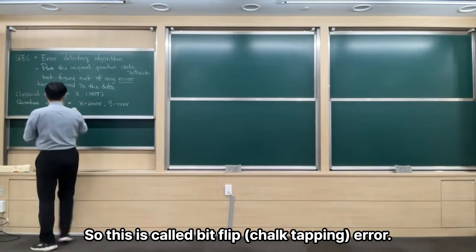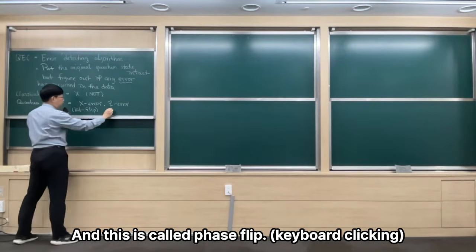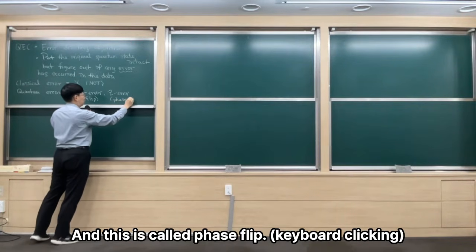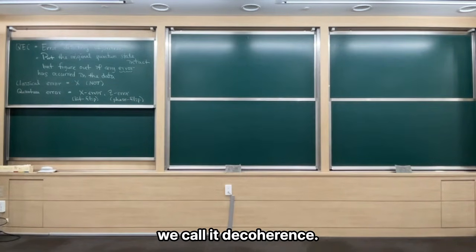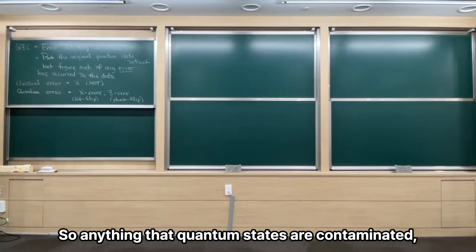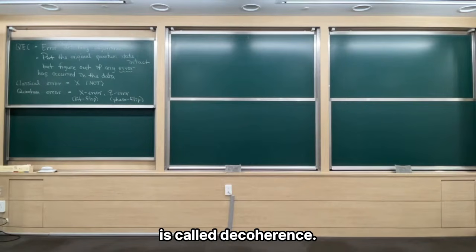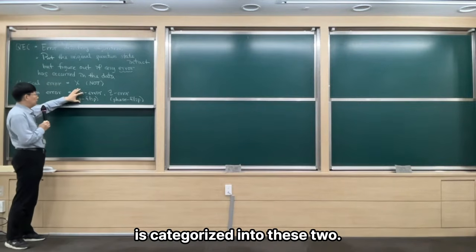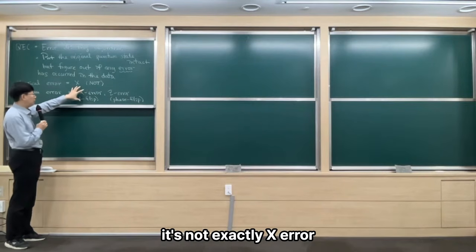This is called bit flip error, and this is called phase flip. More generally, we call it decoherence. Anything that contaminates the quantum state, meaning it changes its state, is called decoherence. I'm not saying that every decoherence is categorized into these two. These two are the most extreme cases, and mostly it's not exactly an X error or Z error.